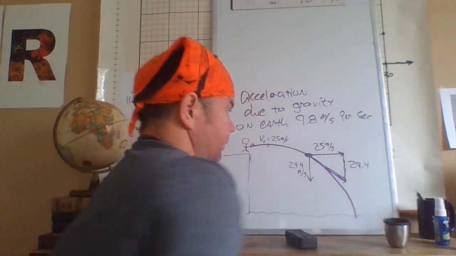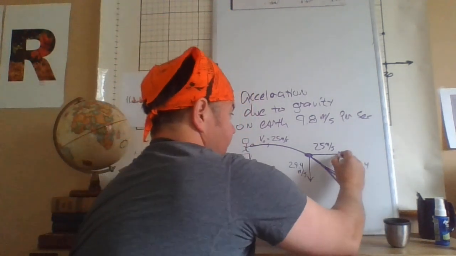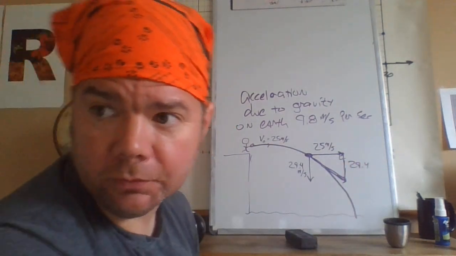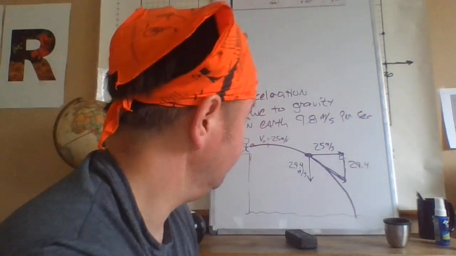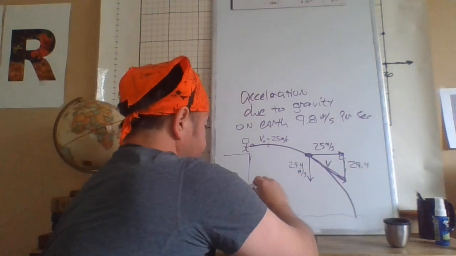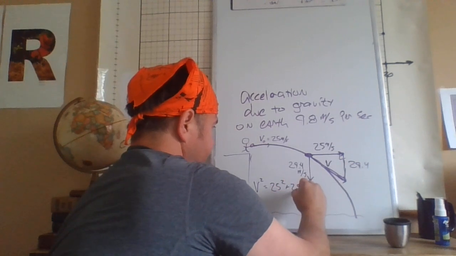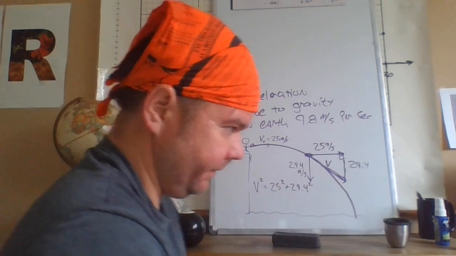Well, hopefully you're all thinking to yourself, that's a right triangle. If I'm trying to find the length of a hypotenuse, I just use the Pythagorean theorem. Pythagorean theorem would say that the overall velocity squared is equal to 25 squared plus 29.4 squared.